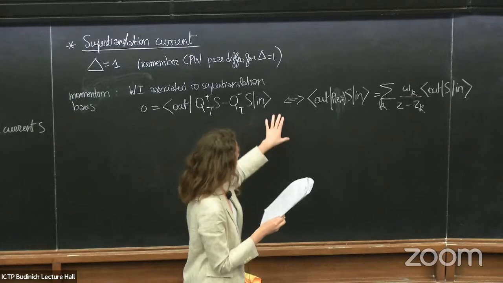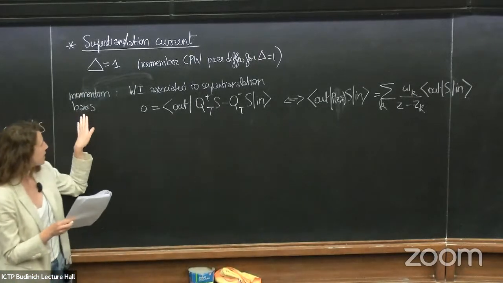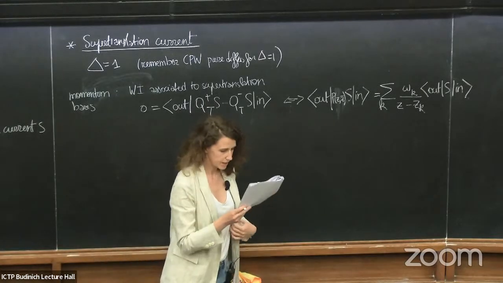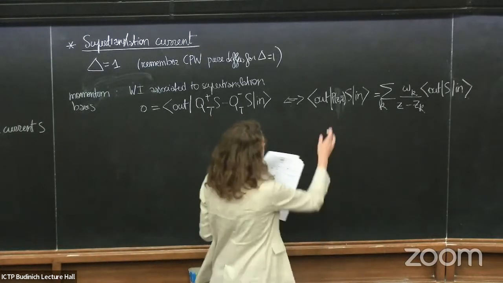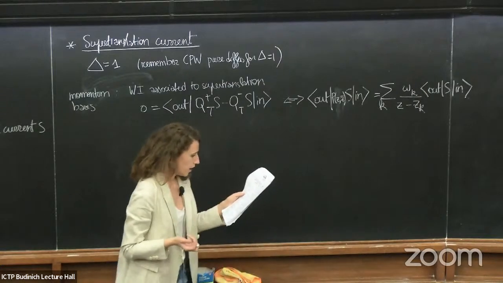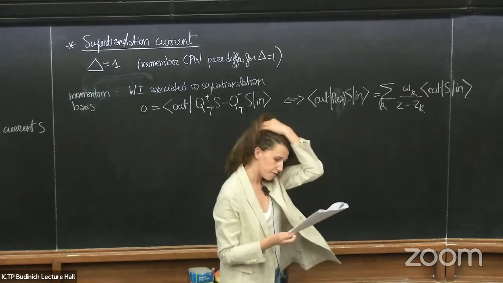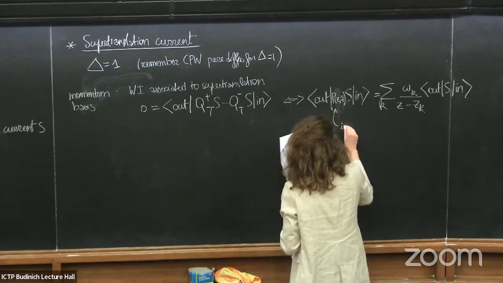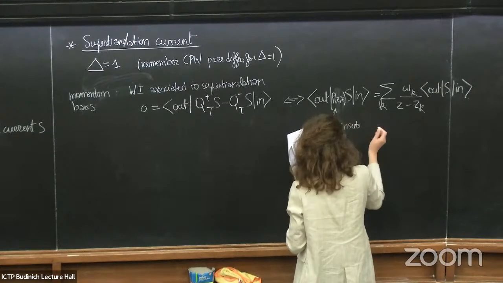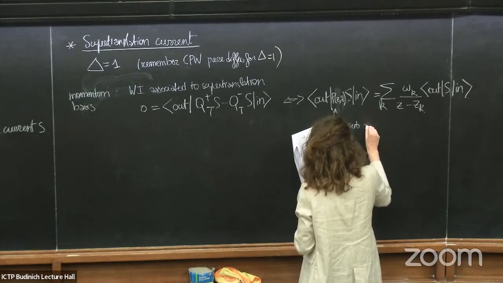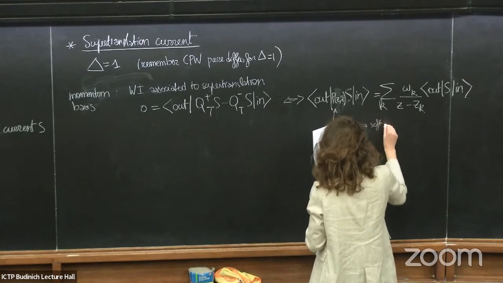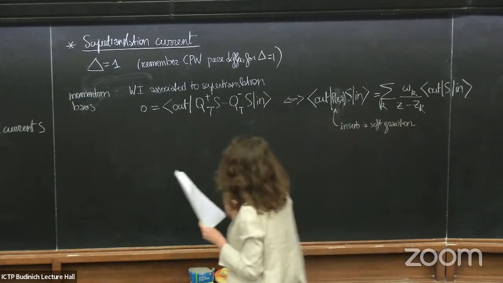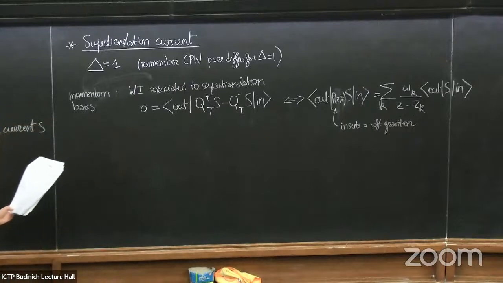And now we will write this not in the old basis, the momentum basis, but in the celestial basis, and we'll see that inserting this object has some funny feature in celestial CFT. So this P inserts a soft graviton. That was the old basis.